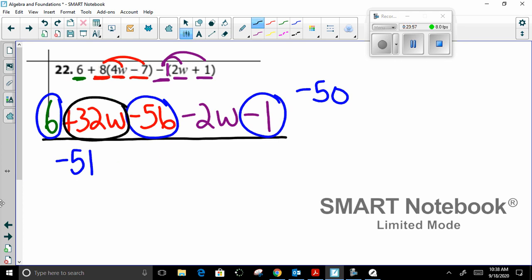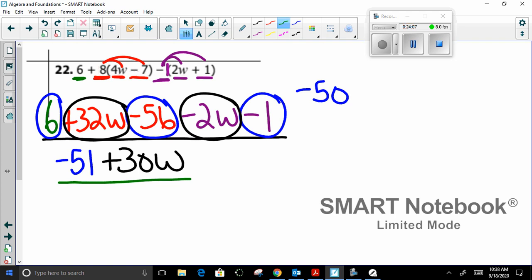W's with W, +32w minus 2w would be a +30w. Now look at what you're left with. Can I add those together? You cannot. They are not like terms. You're done.